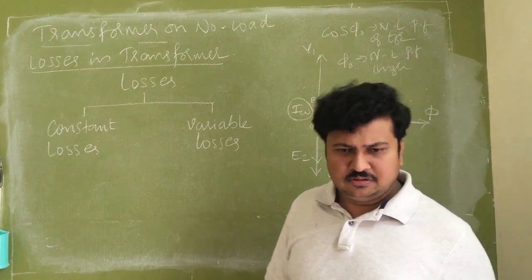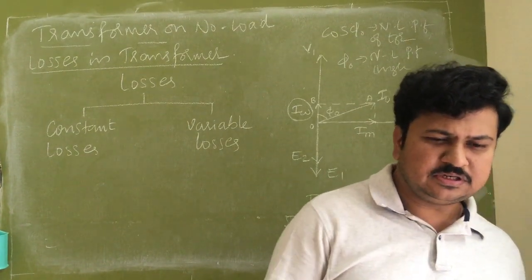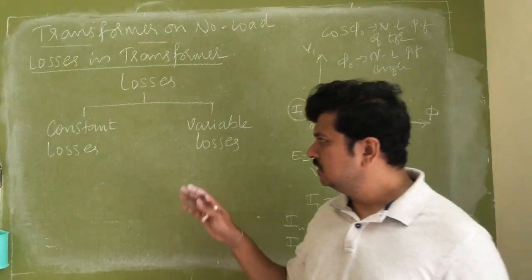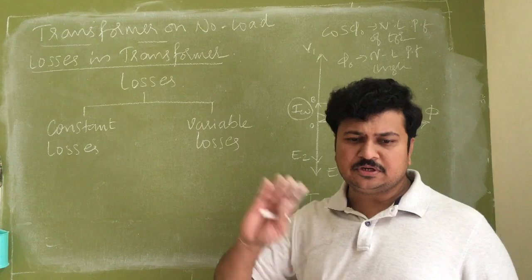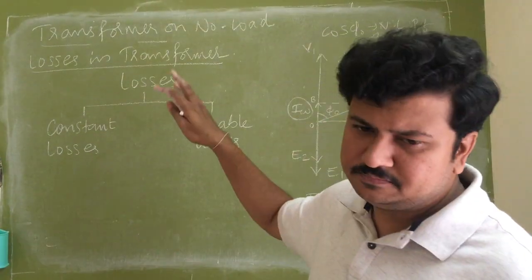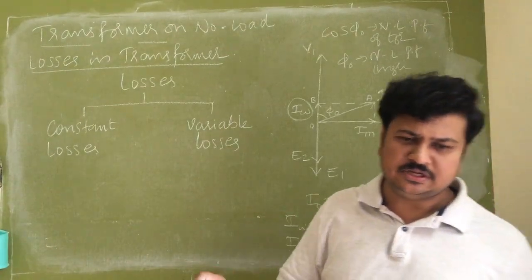Variable losses, as the name suggests, depend upon various operating conditions of the machine throughout its operation, and mainly they depend upon the load. Constant losses will not depend upon the load condition.